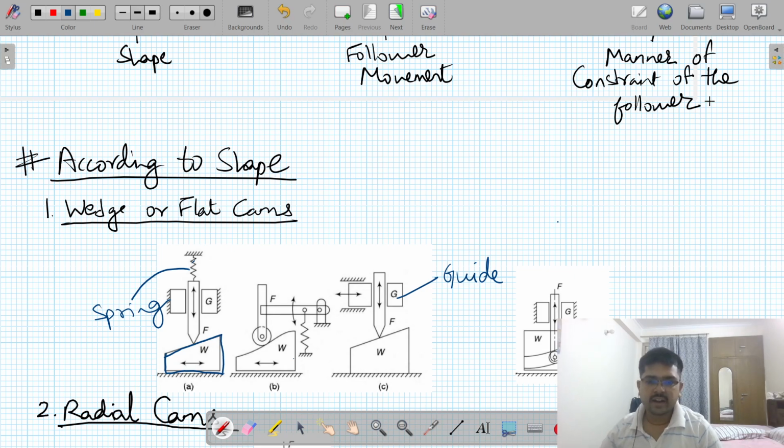Now what is a flat cam? A flat cam is like a metal plate in which a groove is cut, and as the metal plate moves, the follower moves inside the groove and rises and returns to its original position.